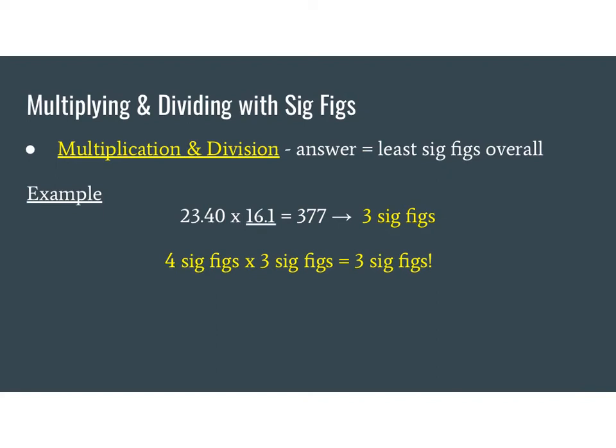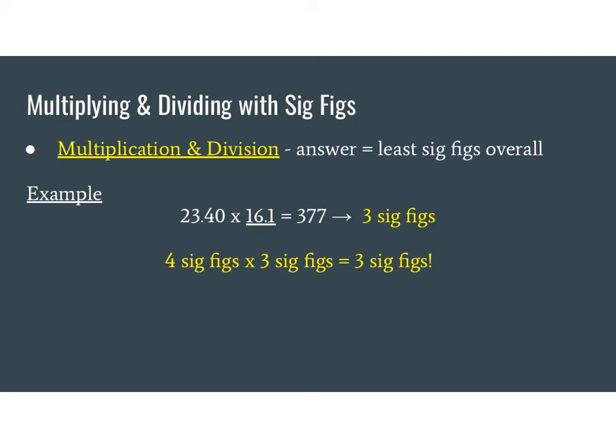I find that the multiplication and division is way, way easier because when we look for our answer, we go least sig figs overall. So we're not messing around with our decimal places and things like that. So our example that we have here is 23.40 times 16.1. What we get here is 377 only because of our sig figs.